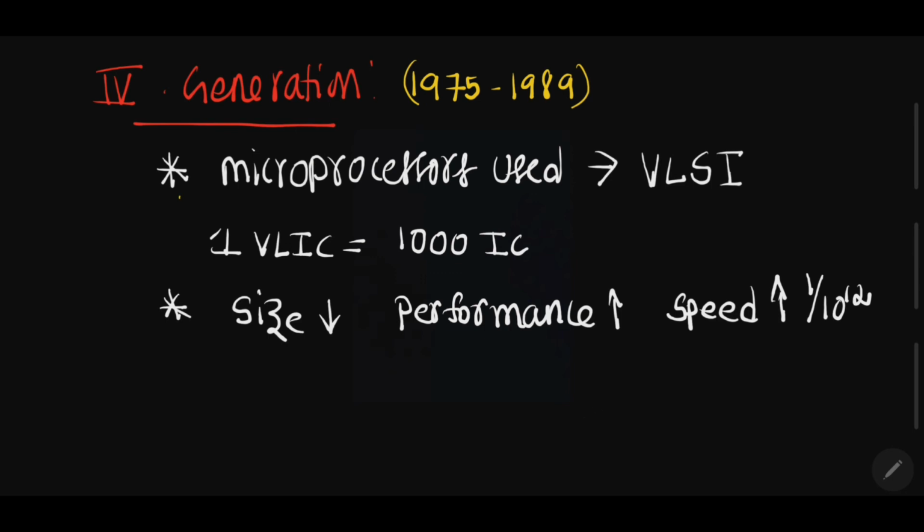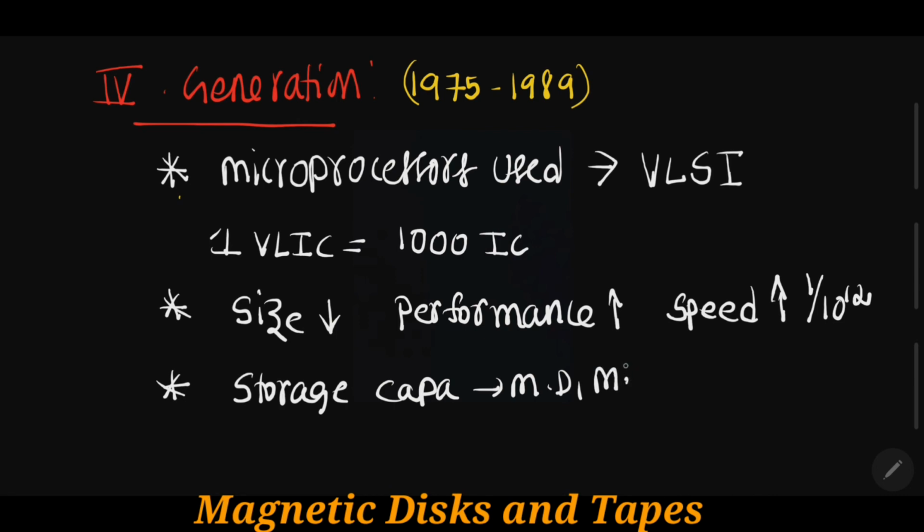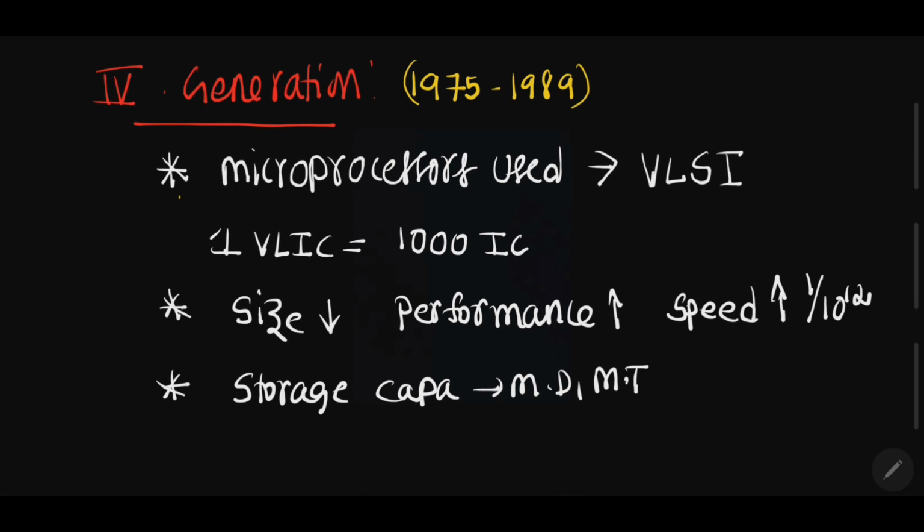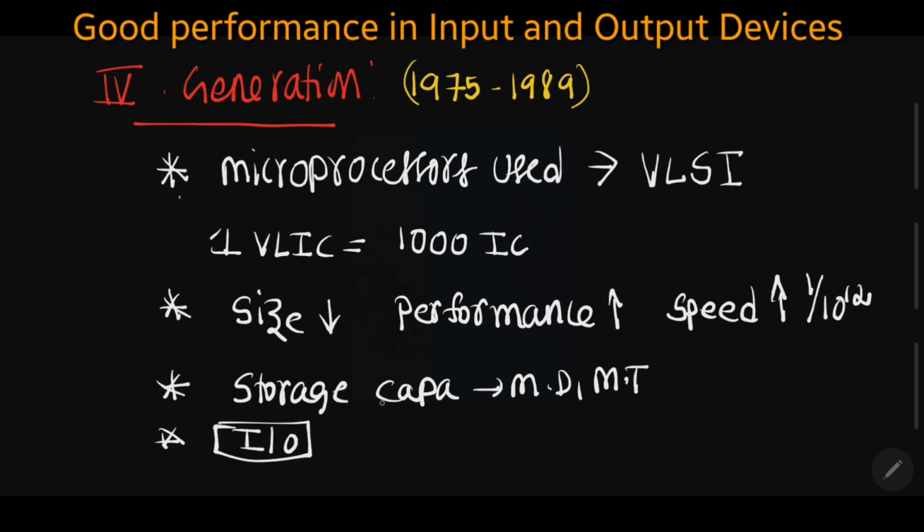Okay, and there is increased storage capacity: magnetic disks as well as magnetic tapes are both used for primary storage and some secondary storage. In this fourth generation there is good coordination between input and output devices. That means good versatility of input and output devices.